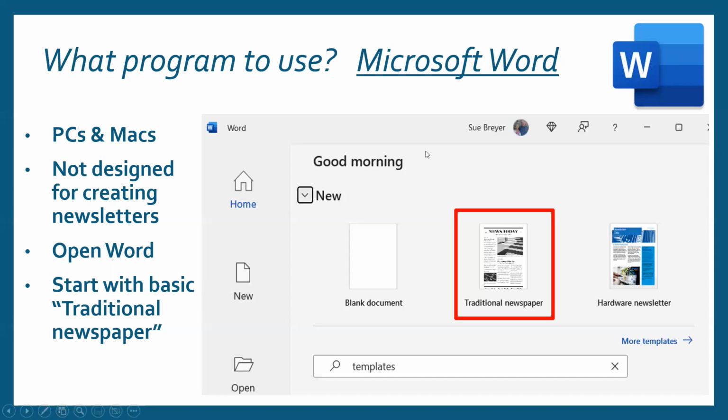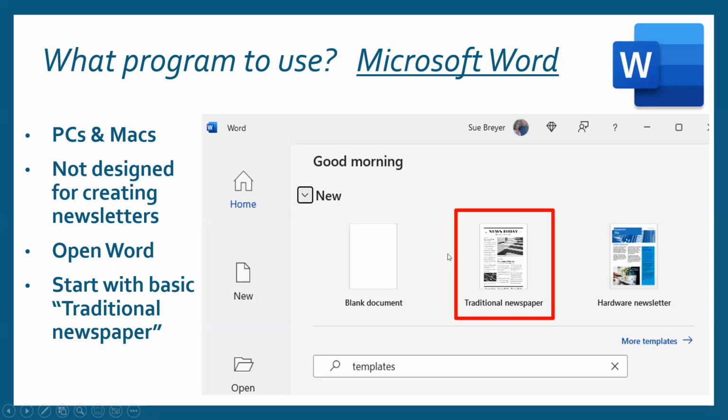So if you're going to use Microsoft Word, and you're going to design a new newsletter, or you're new to being a newsletter editor, you just go into Word like you normally do. You just log on to Word. And one of the options is, yes, you can start with a blank document, but note too that they have templates that you can use.